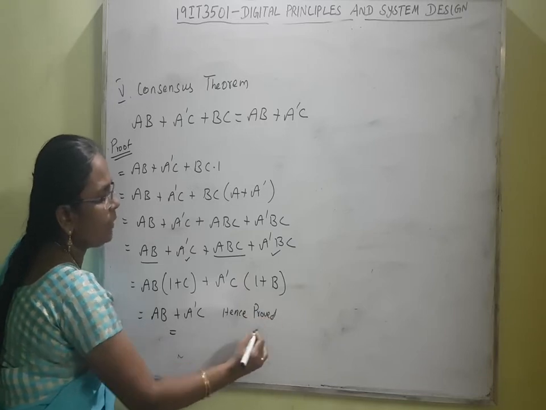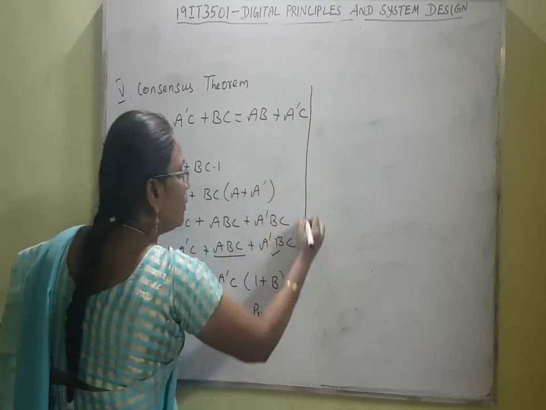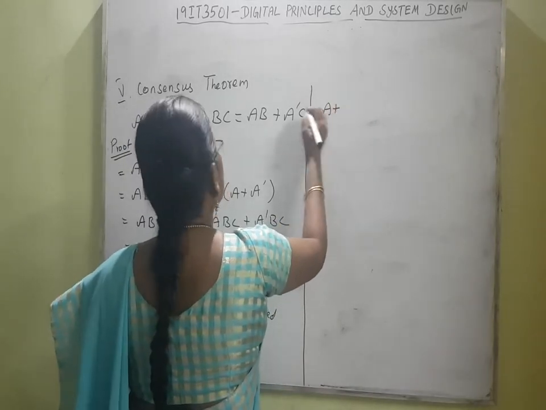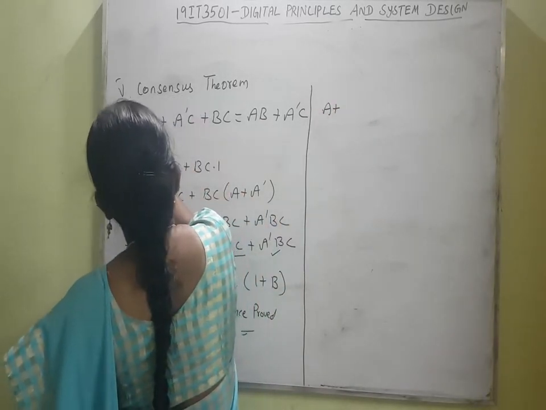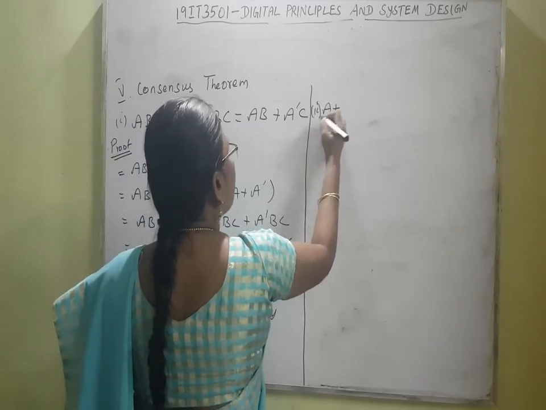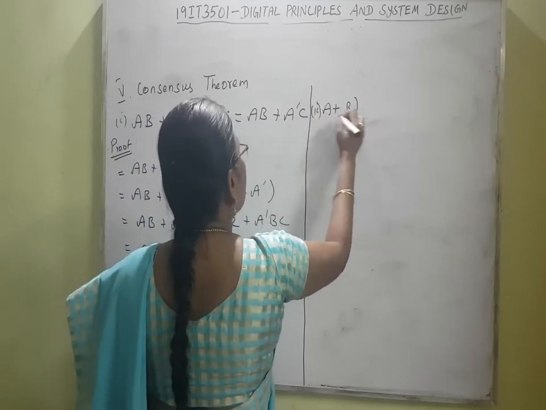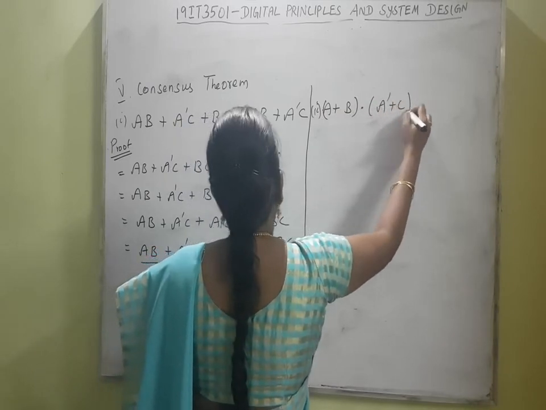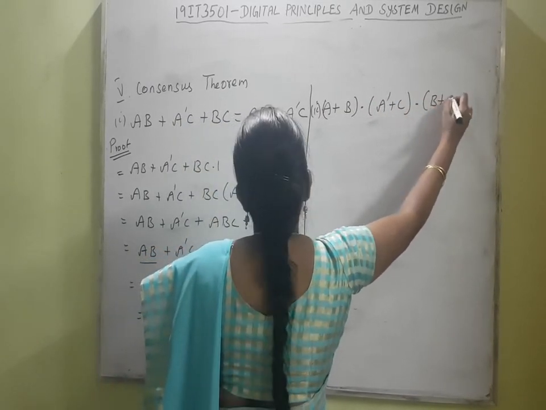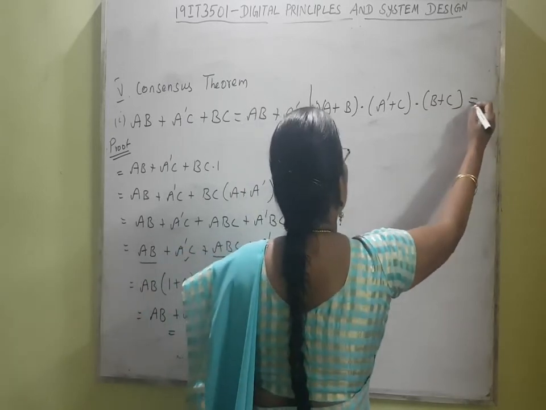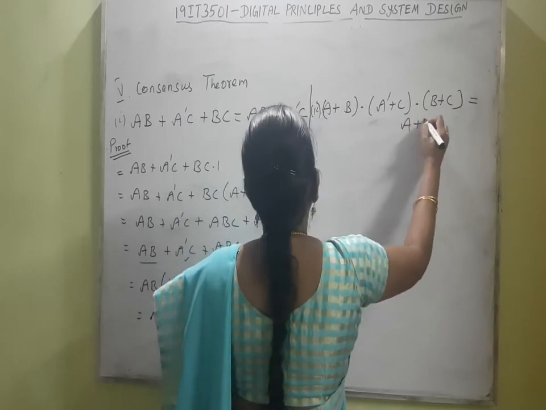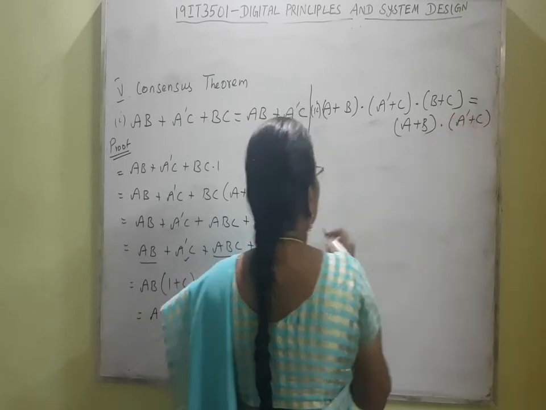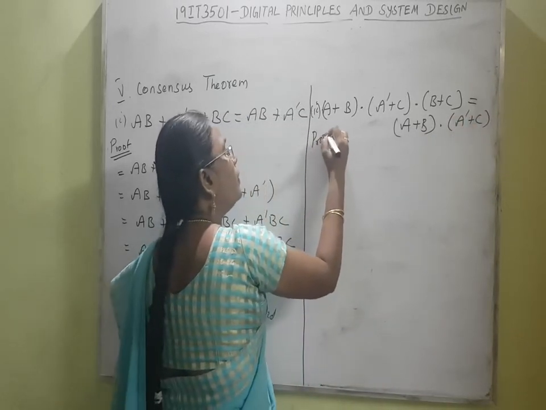Now we'll see the duality of this portion. Same consensus theorem, the second part; this is the first part. Now the second part, the duality of this is A plus B into A bar plus C into B plus C is equal to A plus B into A bar plus C. So let us see the proof.